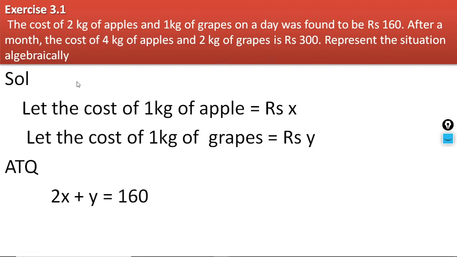Whereas in the second case, the cost of 4 kg of apple will be 4x plus 2 kg of grapes, 2 times y, equals rupees 300. So you get the equation 4x plus 2y equals 300. Represent the situation algebraically. So in this problem we only have to represent the equations algebraically.